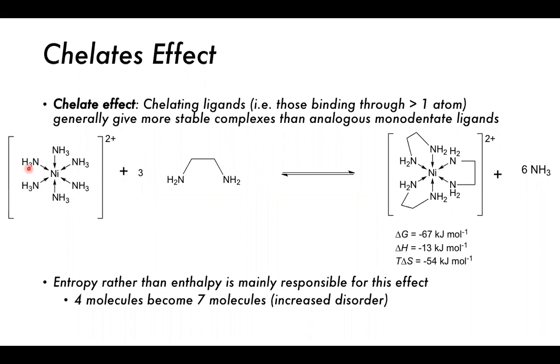This hexaamminenickel(II) complex is undergoing a ligand exchange reaction, stepwise, to replace the ammonia ligands with 1,2-ethylenediamine. And that is of course successful. It has a negative free energy change, which is the result of a positive change in entropy, because we move from 4 molecules to 7, which contributes to the general disorder of the universe, and so that is favorable.